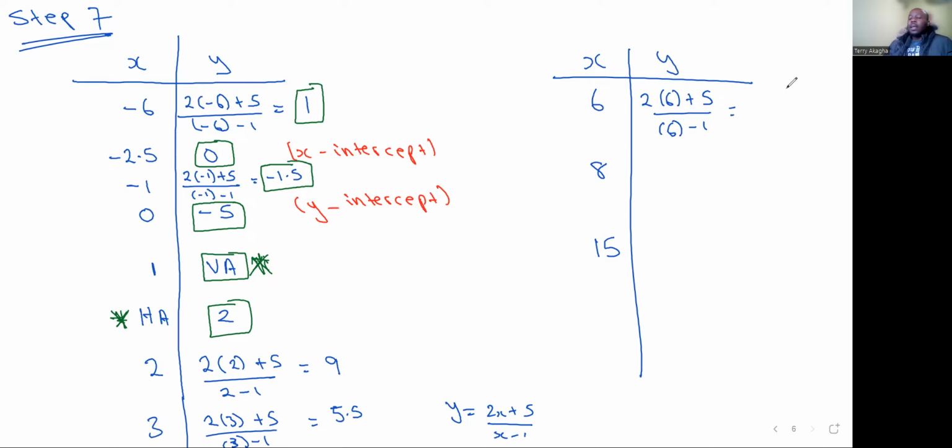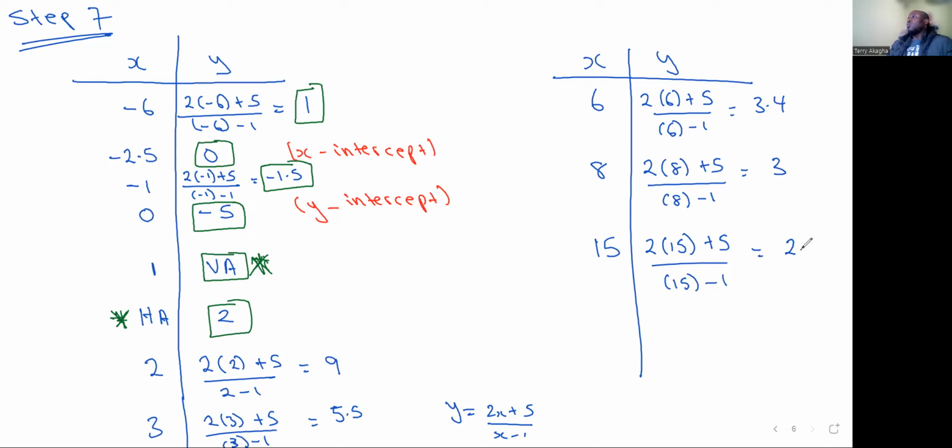And when you solve that, the answer should be 3.4. You have 2 into bracket 8 plus 5, and you have 8 minus 1. And when you solve it, the answer should be 3. You have 2 into bracket 15 plus 5 divided by 15 minus 1. And the answer should give you 2.5.